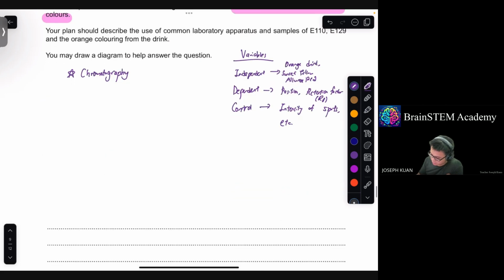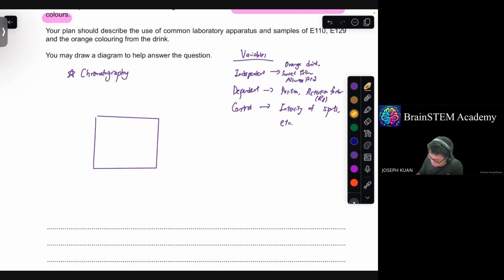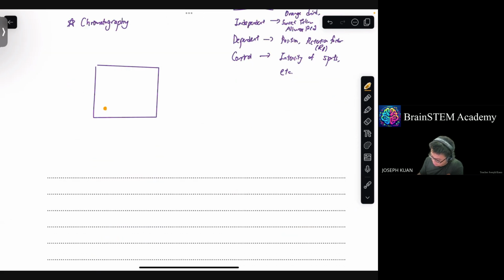Right, so the setup pretty much is to take a piece of paper and place the three spots: the orange, the yellow, and also the red. Make sure that they start on the same line.